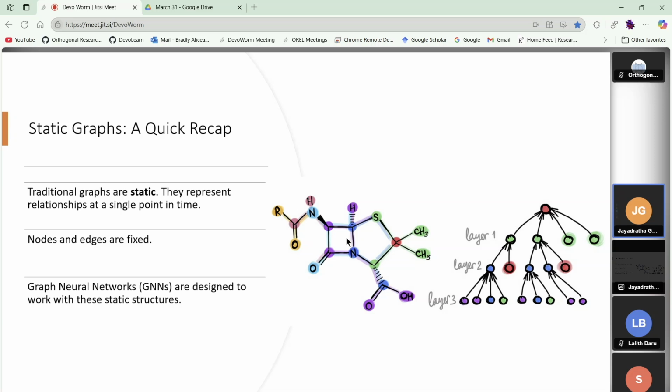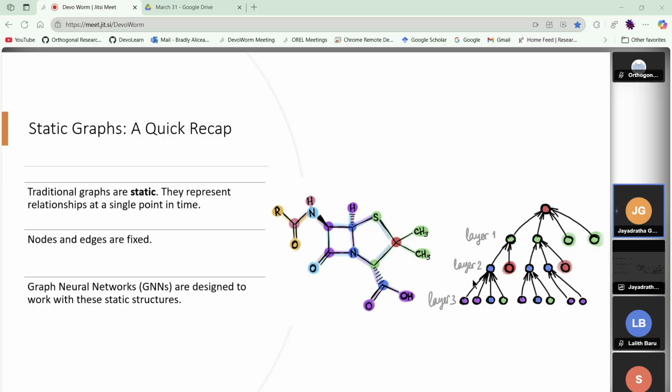We can represent it as a graph, and nitrogen has different neighbors, which are different atoms. For each layer we have their neighbors, and then the neighbors of neighbors. In each layer we use some kind of neural network, and those are shared parameter neural networks.